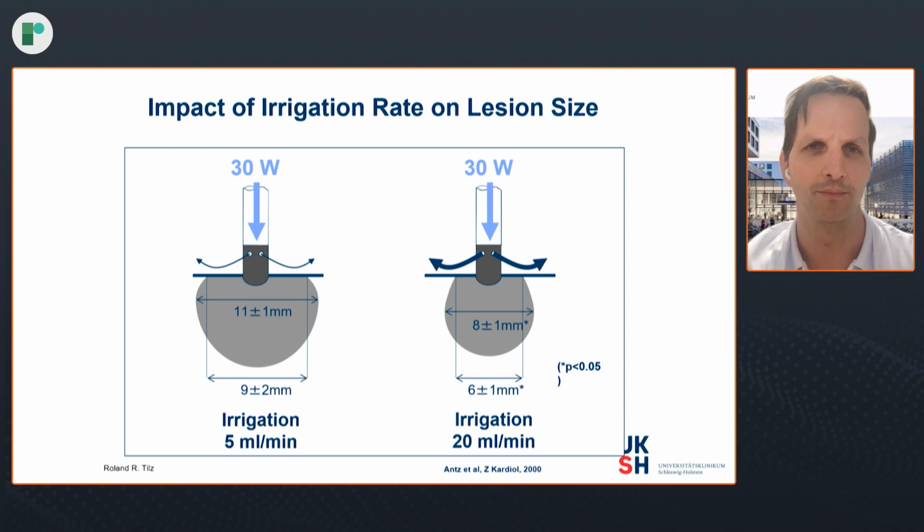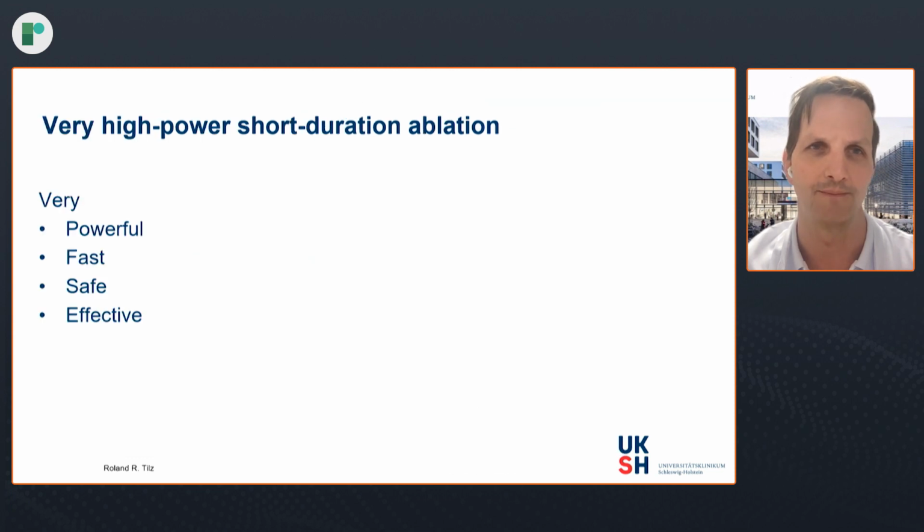This is important to know because basically if you deliver a current, you want to get a lesion and you cannot get rid of the PVC, for instance, it doesn't make sense to change to an irrigated catheter because the non-irrigated catheter produces the larger lesion.